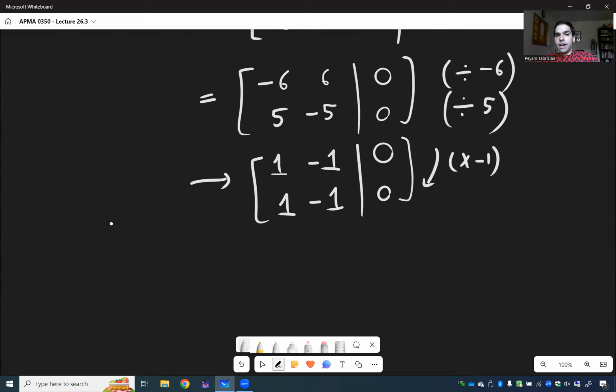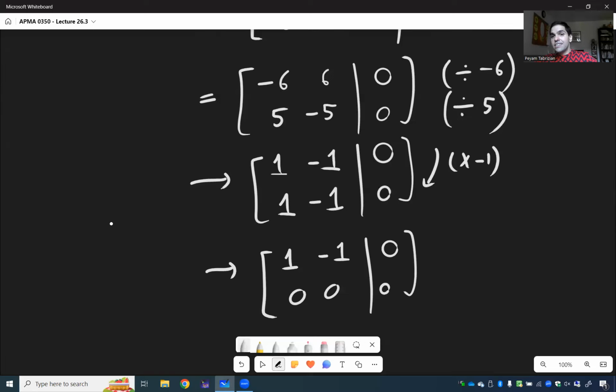That's what this times minus 1 means. And you're left with 1, minus 1, 0, and then 0, 0, 0. That is your goal: you want one of your rows to be all zeros. That's what's called row reduction. That will always be the case, by the way. If it's not, it means you made an algebra mistake.